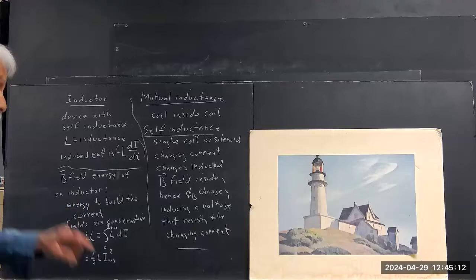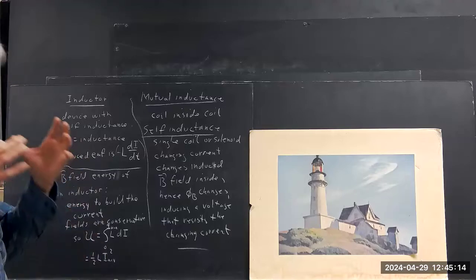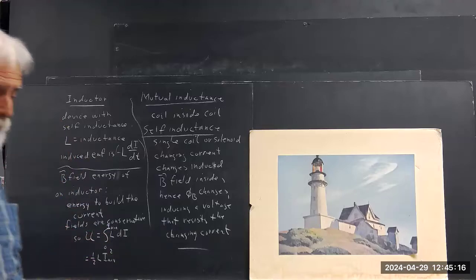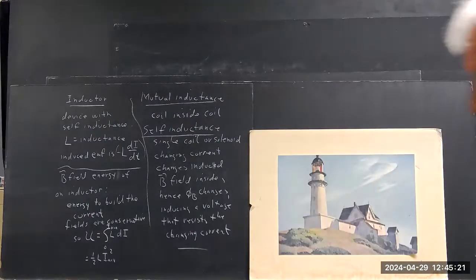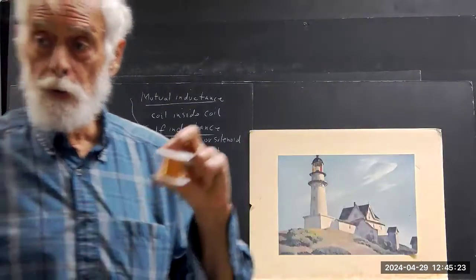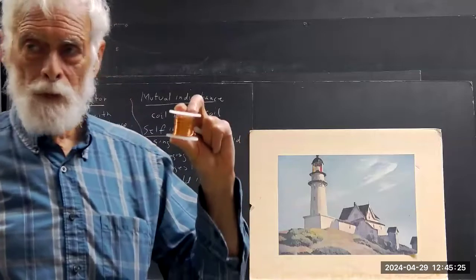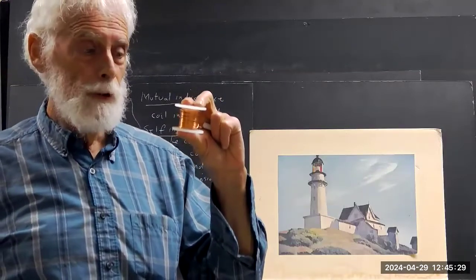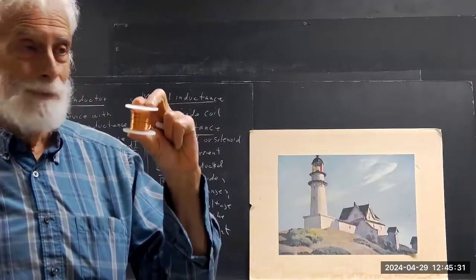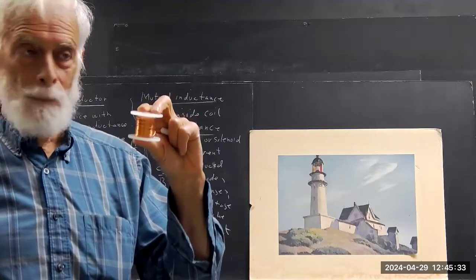If you want the density of the energy in the thing, you divide by the volume. So if I increase the current here to, let's say, 20 amps, and I've got a 20 amp current through here, it's going to get pretty hot. We don't want to keep that going for long, okay?